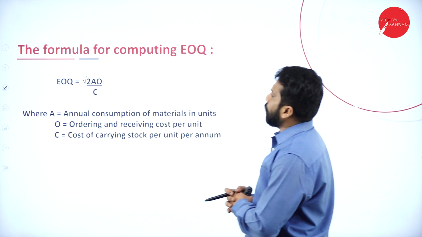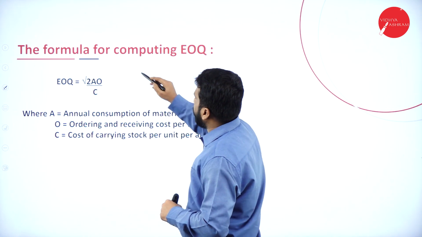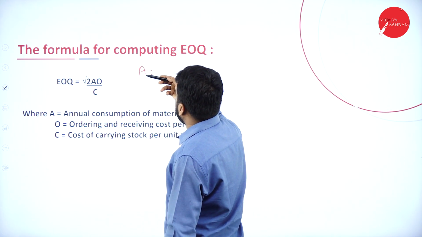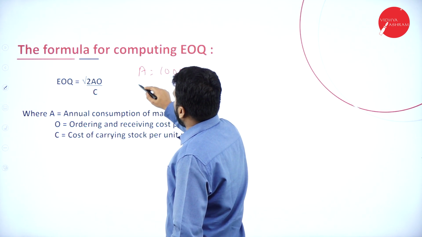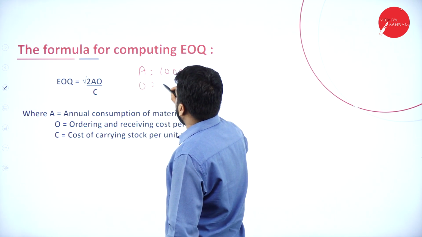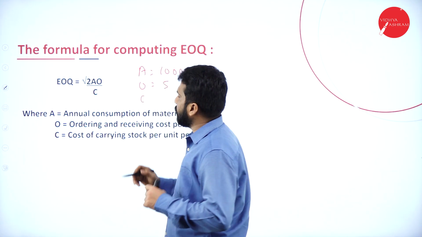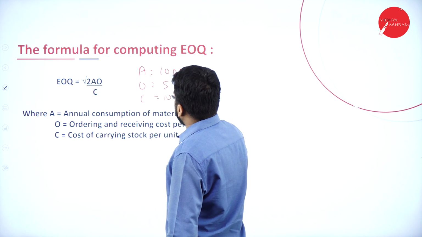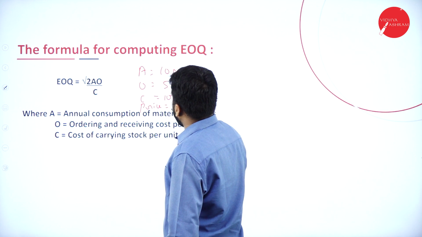Next, your EOQ, economic order quantity. In the question, they will give you annual consumption, say 1000. Then they will give you ordering cost, say 5 rupees. Carrying cost they will give you as 10% and price per unit is 20.